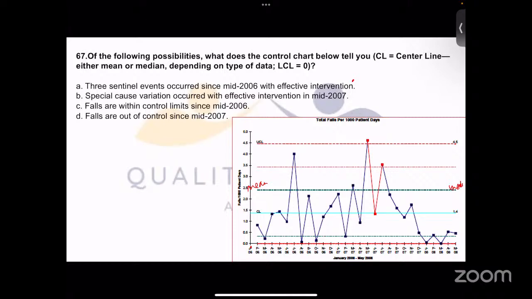The control chart interpretation. So the chart includes the upper control limit and the lower control limit. So what is the center line? Central line here is the mean. So the chart shows points outside the control limits. So we have here the outside control limits indicating out of control variation. The main shift occurred in mid-2007.